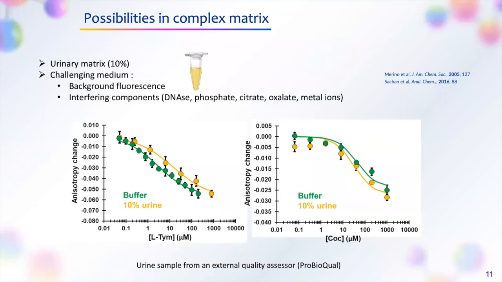That's particularly encouraging as this biological fluid is quite challenging because it produces background fluorescence and also contains interfering components such as enzymes, phosphates, citrates, as well as variable amounts of metal ions. So we were particularly happy about these results.